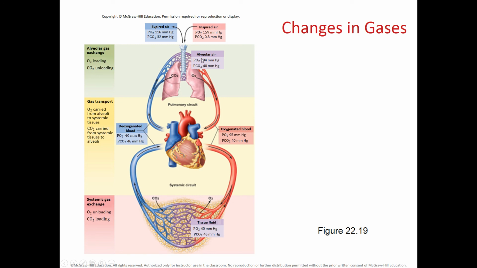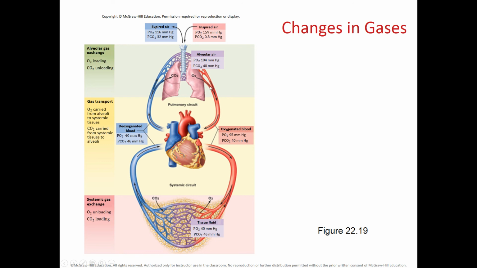And in the alveolar air, these pressures will change: 104 for oxygen and 40 for CO2. Because of this, you will have oxygen loading and CO2 unloading. This deoxygenated blood will have a partial pressure of oxygen of 40 and a partial pressure of CO2 of 46. So you will have unloading of CO2 and loading of oxygen.